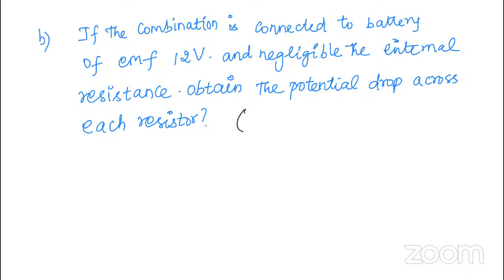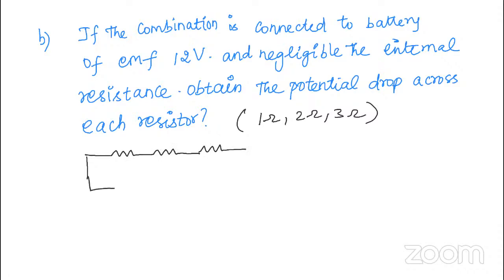So here they are providing the value of resistance, that is the 3 resistors, these are the values. Okay. So let us now draw the circuit for this condition. So 3 resistors are connected in series, along with the battery.